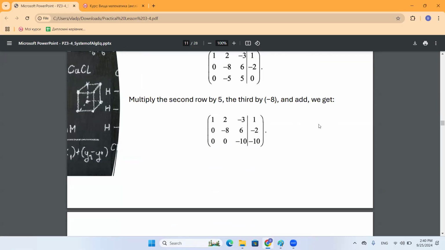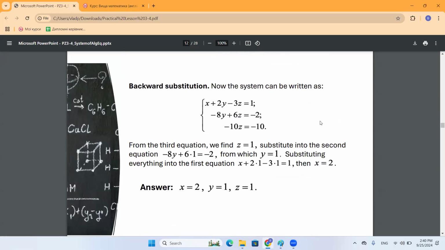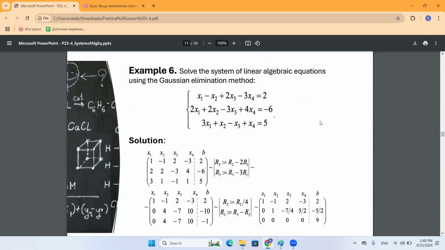But the main tasks we already solved. So we have to solve a system of linear equations with the Gaussian method as well. But here, as you can see, we have 4 variables, but only 3 equations.